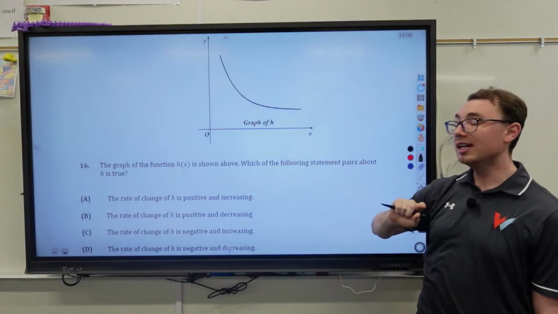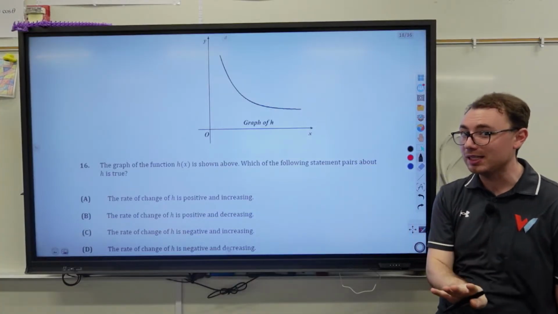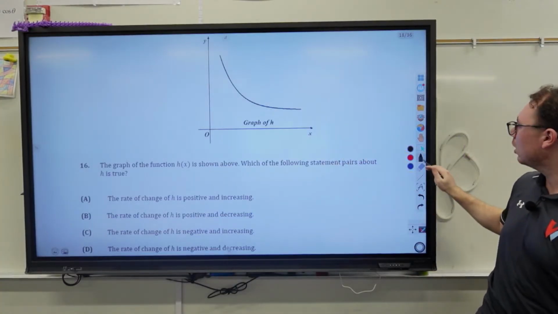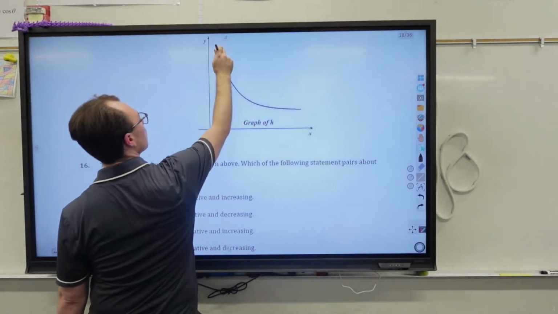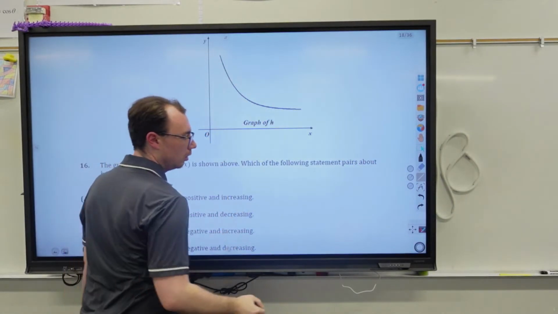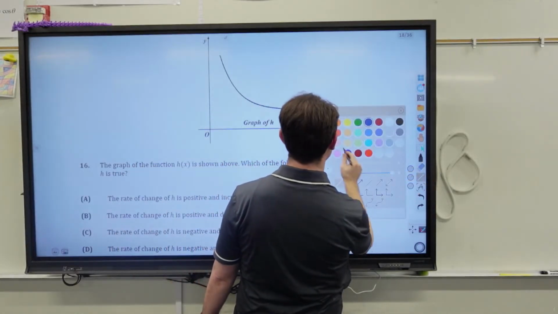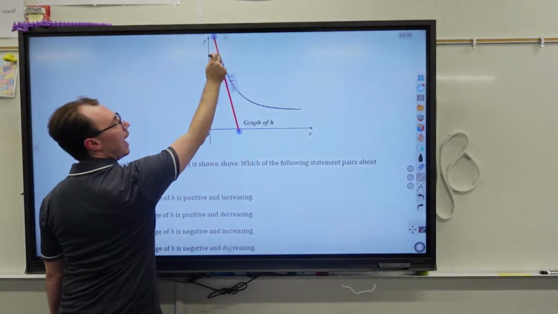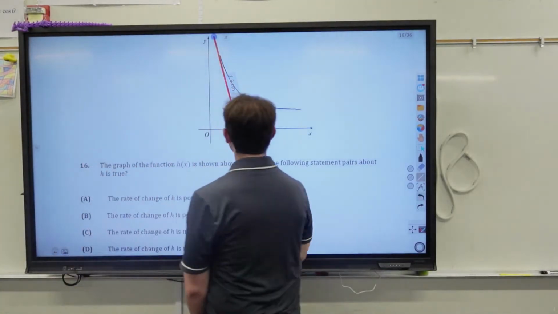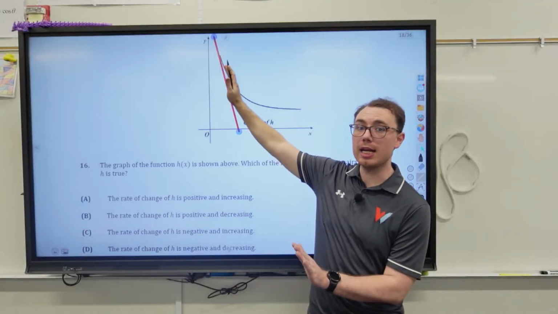We know the rate of change here isn't positive, it's negative because it's going down. We also know that this rate of change here is increasing because if I were to draw some tangent lines for this problem, let's take one tangent line here, I'll make this one red, at that specific location, we get this large negative slope.